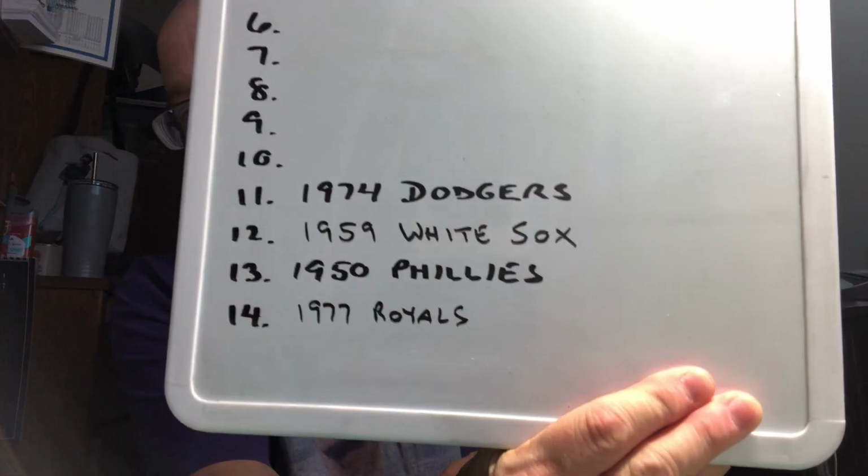They were a young club. I chose this team over the 1977 version because I think it was better, even though they were less experienced. So the 1974 Dodgers are team number 11.